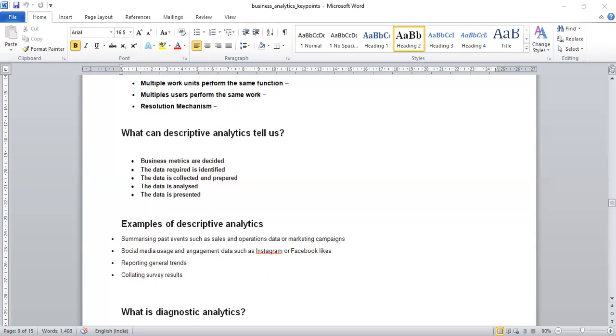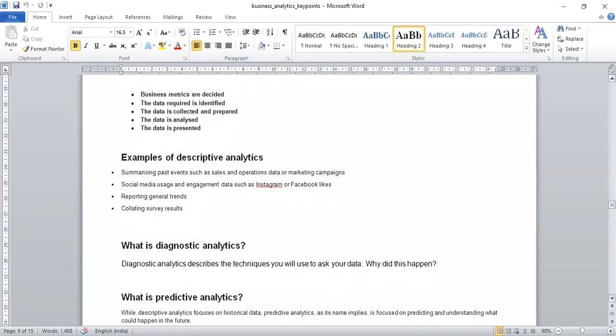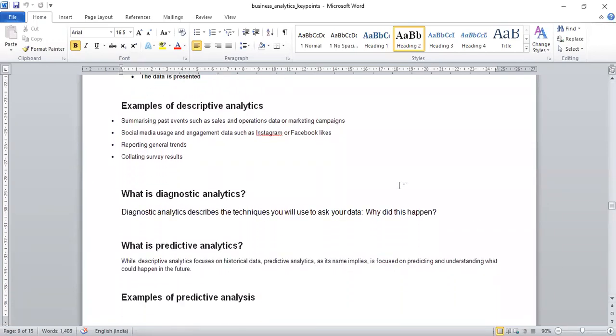Now some examples of descriptive analytics. Look at those examples.